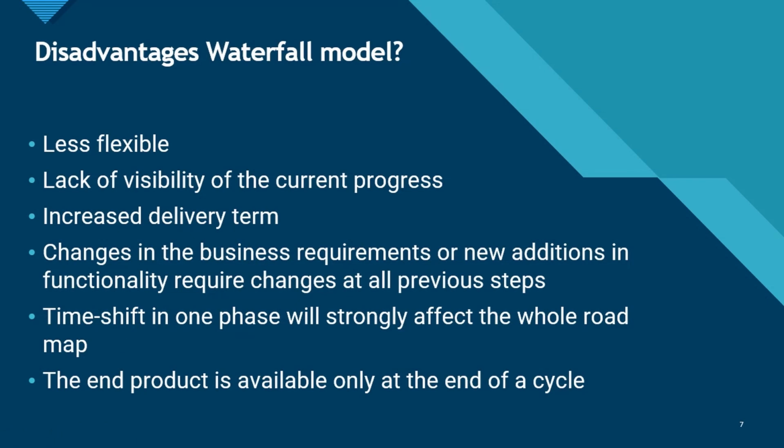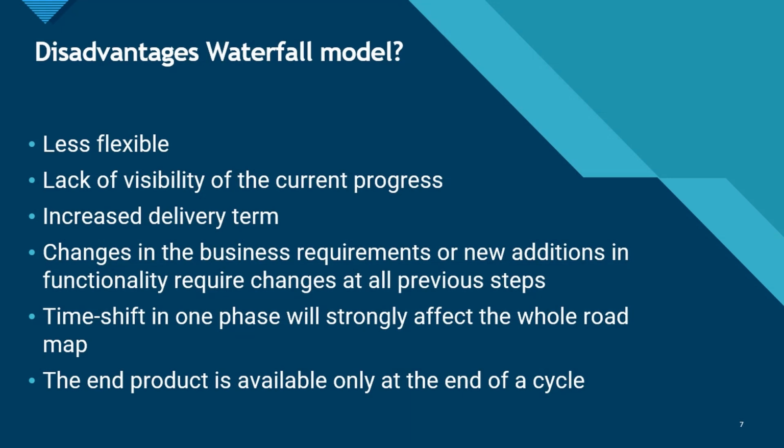As I told you, we cannot move to the next phase before the current phase ends. So if any of these phases takes longer than the others, we have to wait for it to finish. We cannot do it in parallel or simultaneously for every phase. We cannot work on everything together. Then, the end product is available only at the end of the cycle.